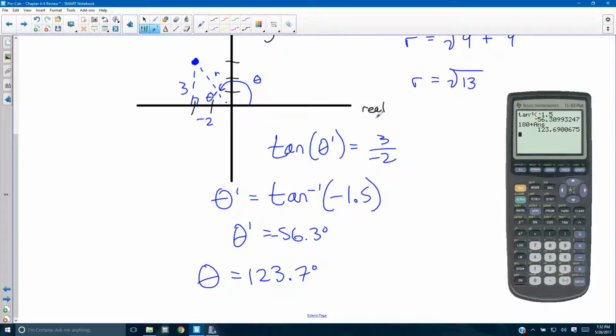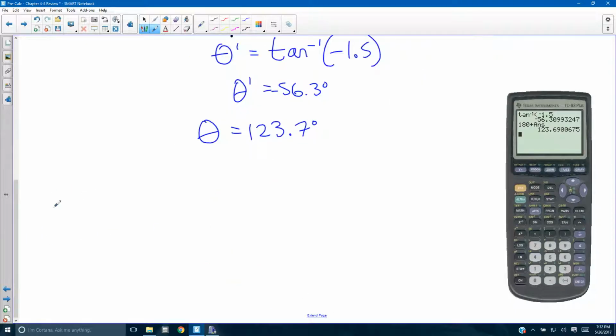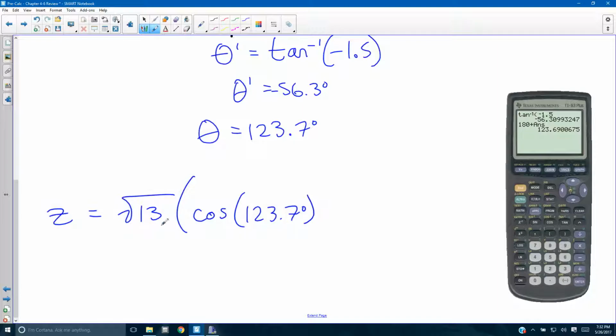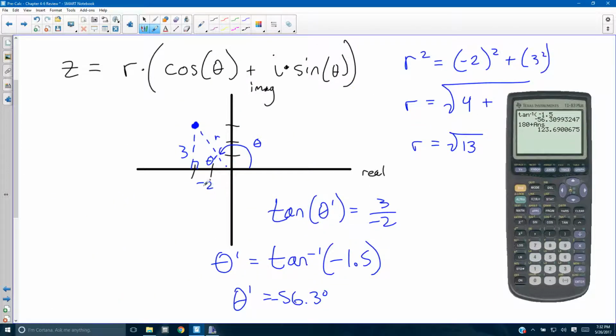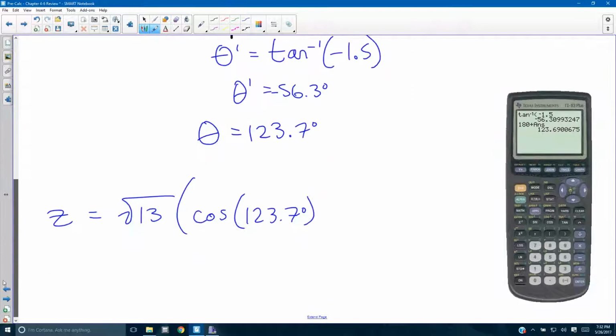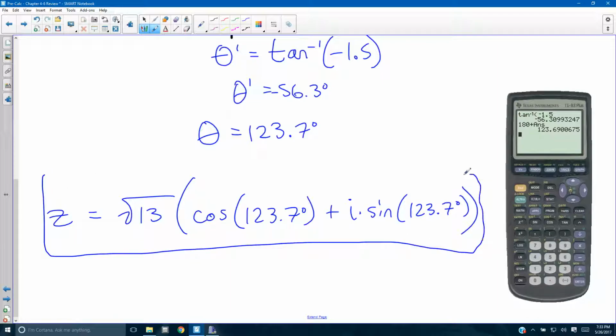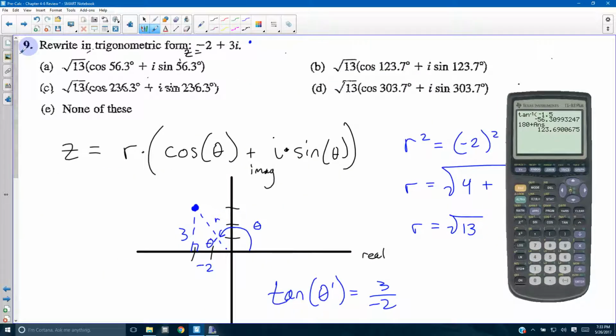So if theta is 123.7, if r is square root of 13, and if z equals r times the cosine of 123.7, which, by the way, is just about negative 2, plus I times sine of 123.7, which, by the way, is just about 3, then we have our answer there. That would be it. Boom. And that would be the answer to part B.